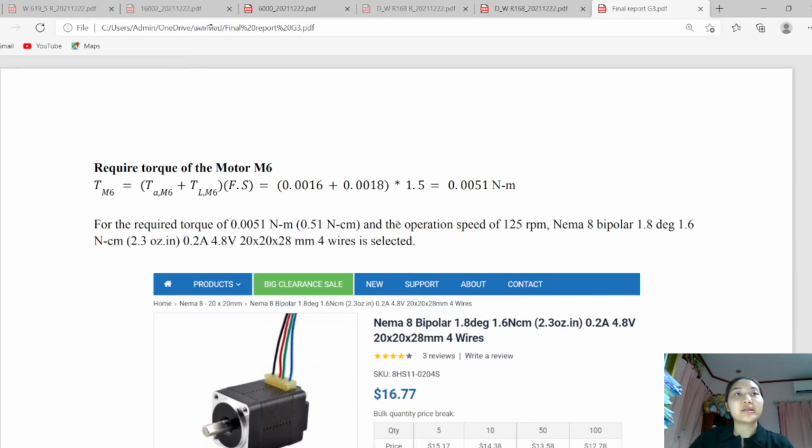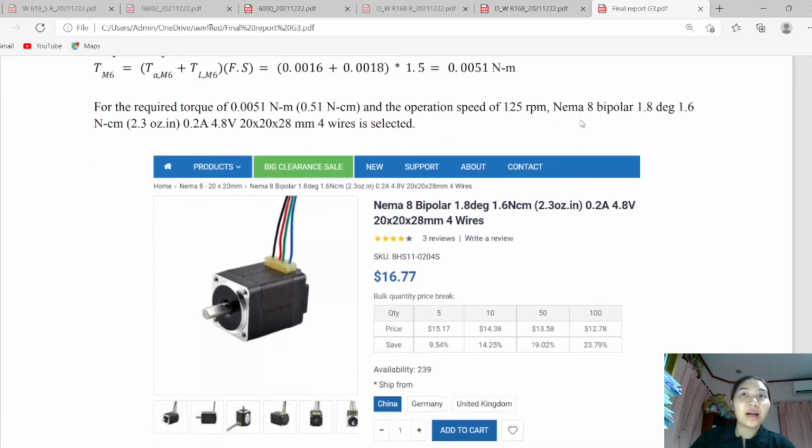For this part we use operating speed as 125 rpm. So we select the NEMA 8 because it has enough torque for joint 6. This motor has a torque of 1.6 Newton centimeter, so it's enough for the required torque that we need.